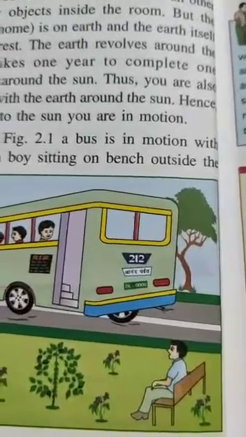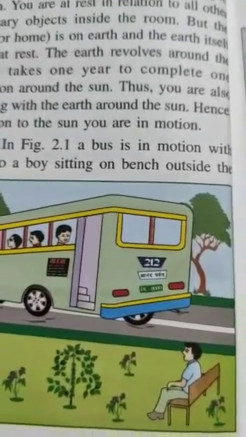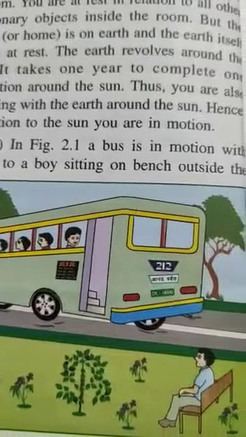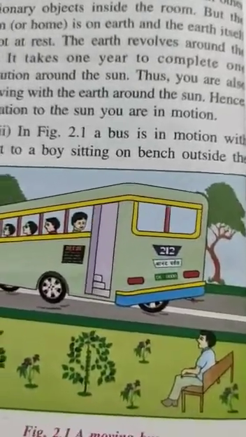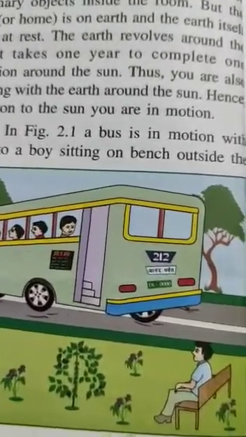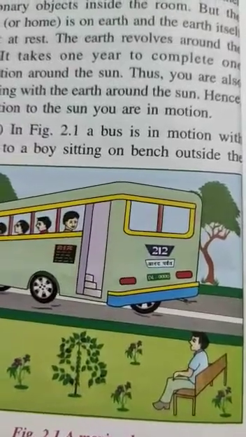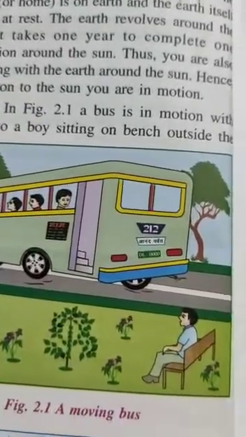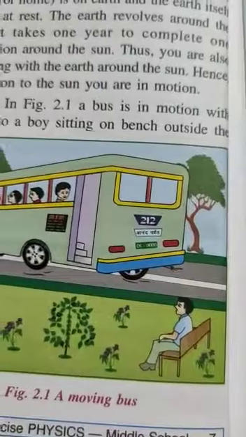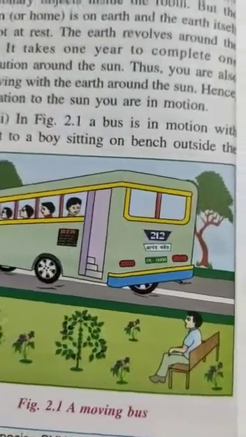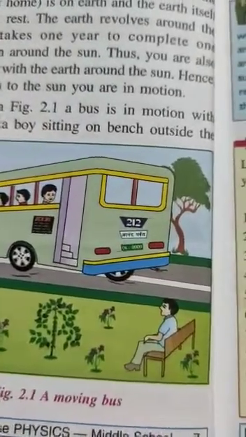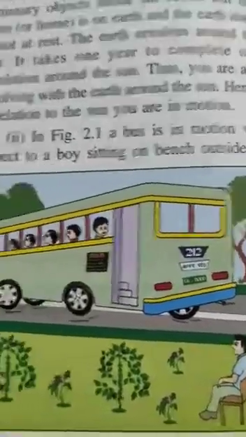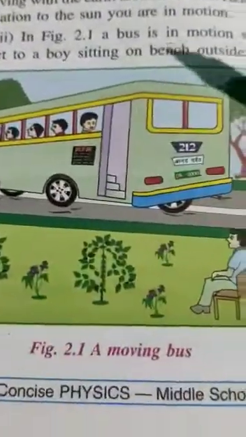Therefore, an object may appear at rest with respect to some objects and may appear in motion with respect to others. So, this means that rest and motion are relative terms.